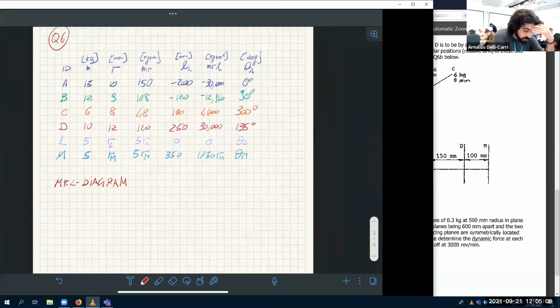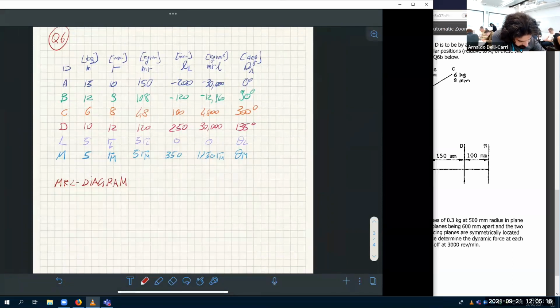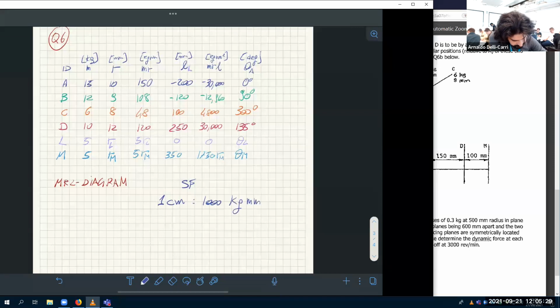And I suggest you use a scale factor of 1000. So 1 centimeter is 1000 kilogram millimeter squared.